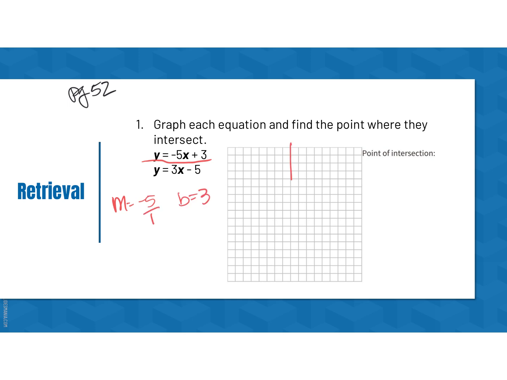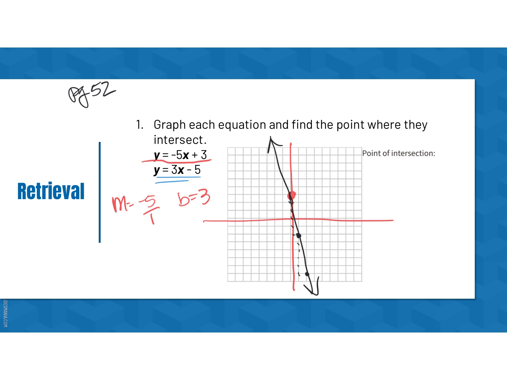So let's put our x and y axis on here. We're going to go up to 3, put a point. We're going to draw the -5/1. So down 5: 1, 2, 3, 4, 5/1. And I like to do it one more time. And connect them together.